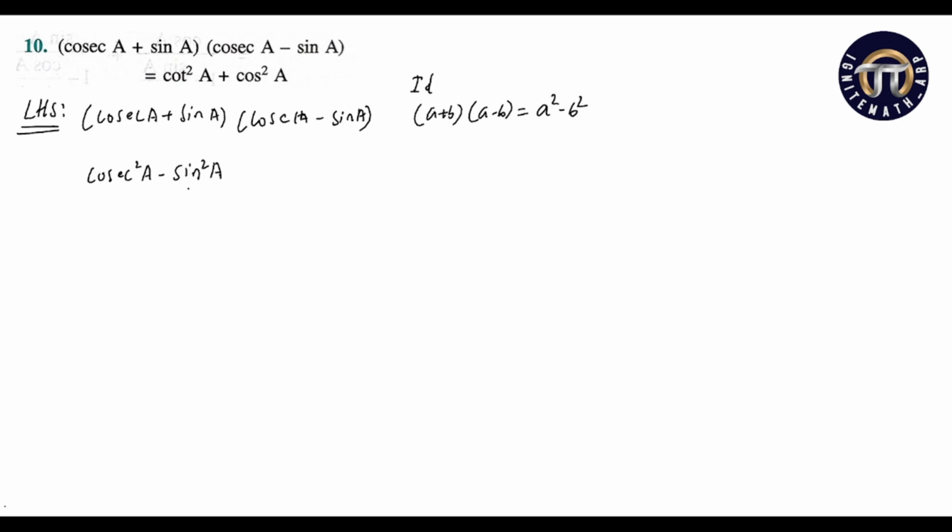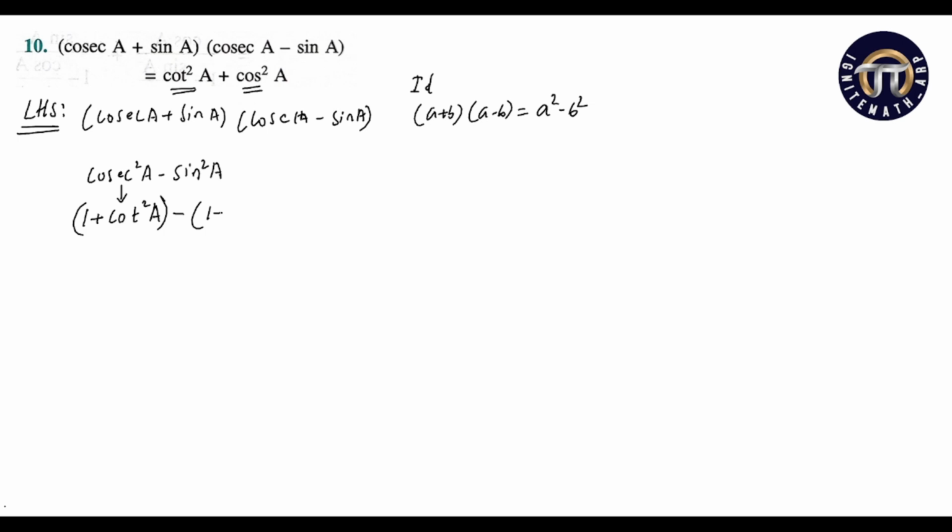So now what can I write? Look at this. I want a cot square and a cos square. So cosecant square can be written as 1 plus cot square A. This I have written in place of cosecant square A. Minus I'll keep as it is.